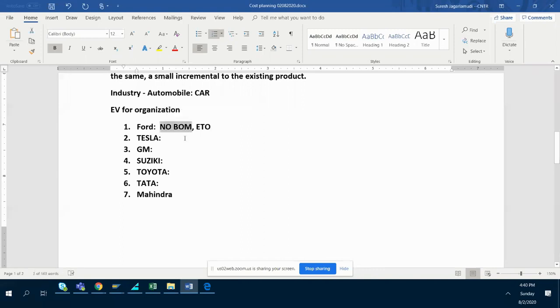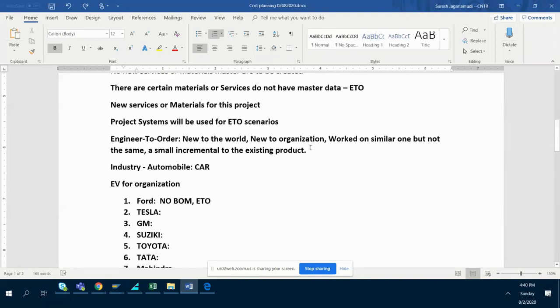Now, if no BOM is there, what are they going to do? They have to create a new BOM, isn't it? If they are going to create a new BOM, what is this product for them? Is it new to the world or new to the organization? Worked on a similar one, but not the same. A small increment to the existing product.